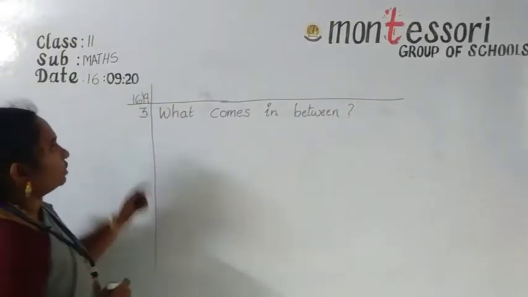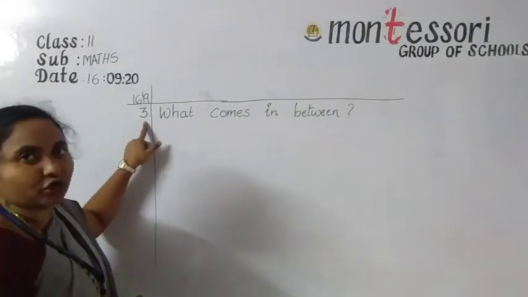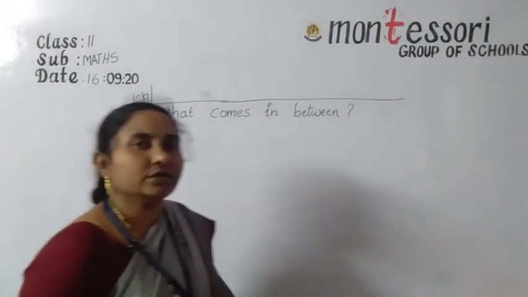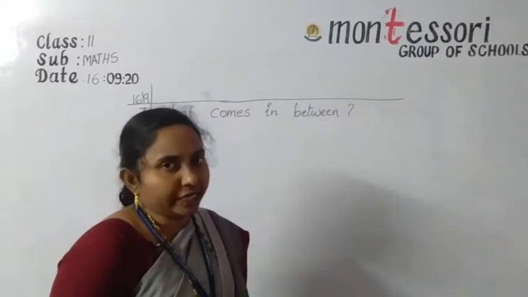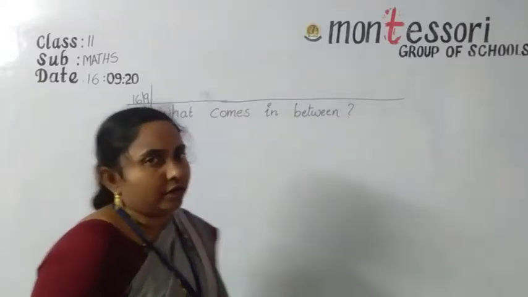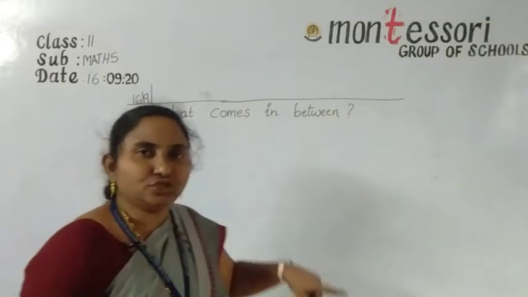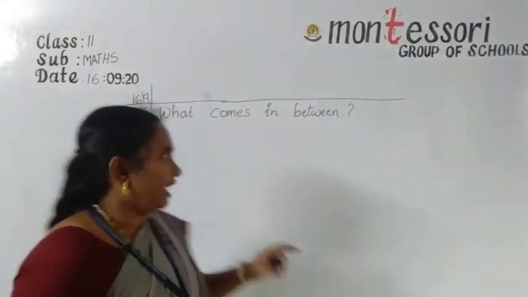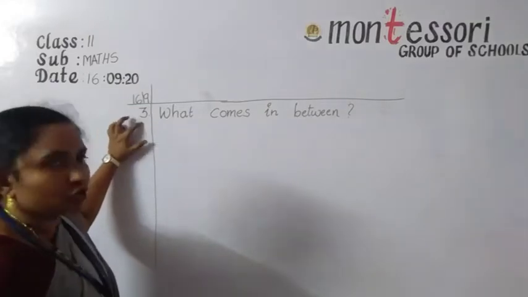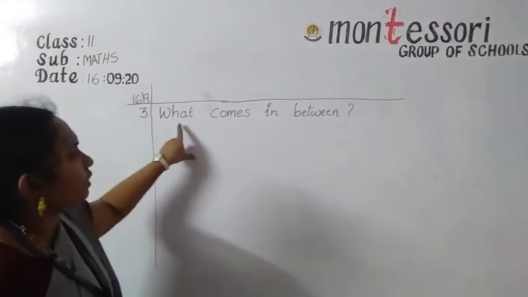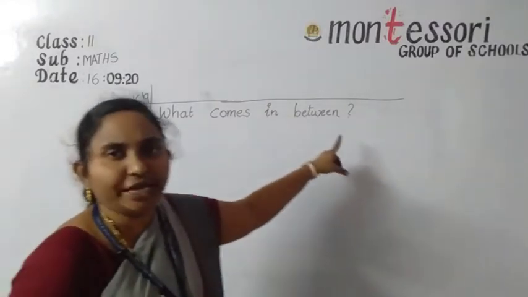Now write the question in your classwork, all of you. Take your book and your pencil. If you have no place, write on another page, draw the margin, write the date and write the question. Third one, what comes in between?